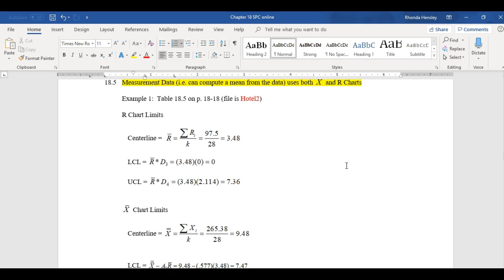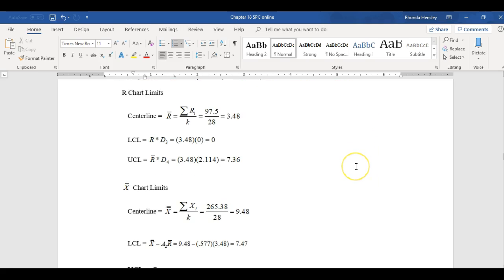Anyway, when you have measurement data, in the textbook, page 18-18, they use a file called Hotel2, and they compute both limits for an X bar and an R chart, and I've got them here.